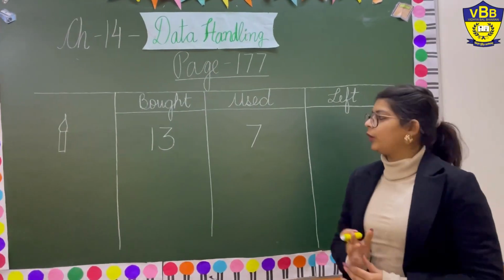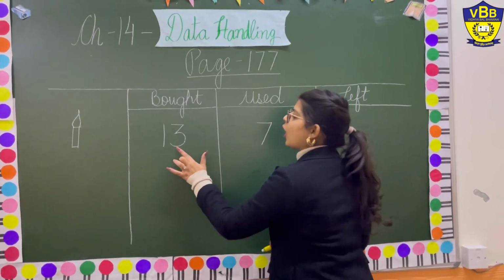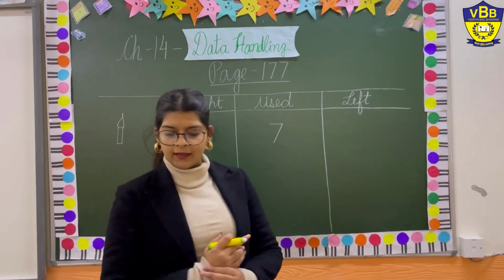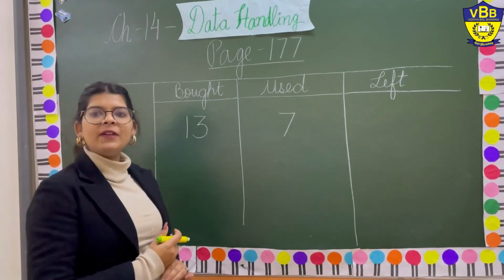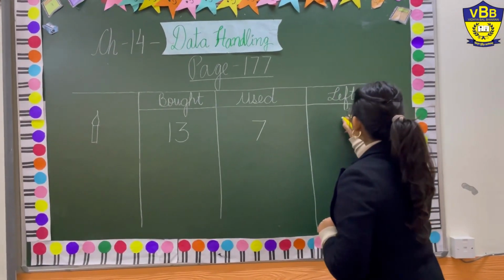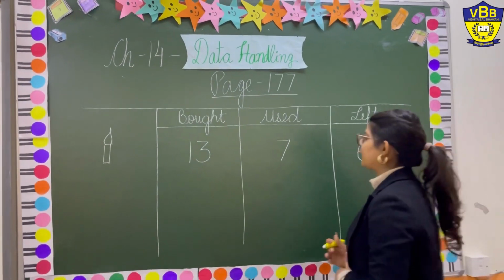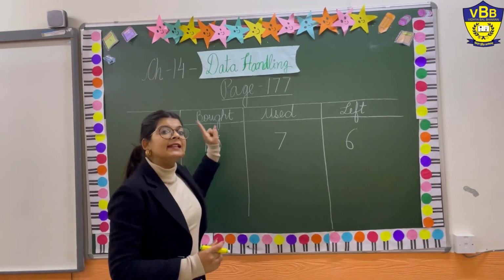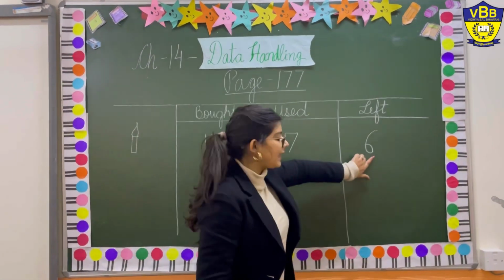You need to minus 7 from 13. So what is 13 minus 7? Yes, 13 minus 7 is 6. Your calculation is very fast. Very good. So the number of candles left with her is 6.